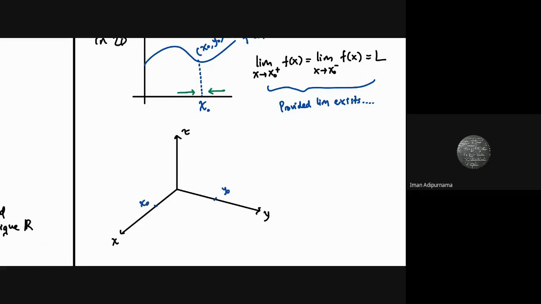In 3 dimensions, we have x and y. Let's say we have this point here, and let me just draw a random plane and mark this as the function of 2 variables x, y.